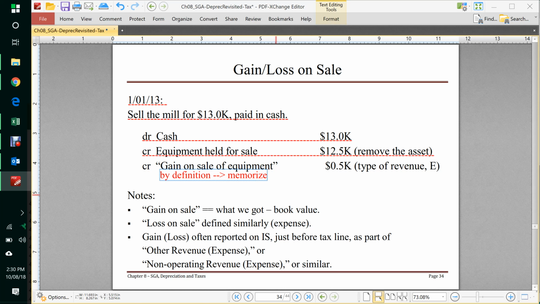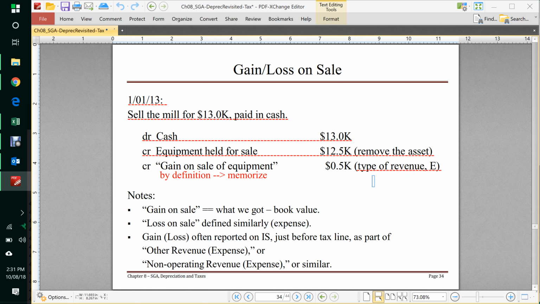You've got to memorize this: the amount over what we estimated the selling price of something for is always called gain on sale. So we estimated the selling price at 12.5. We got 13 for it. So the difference here is 0.5K of gain on sale. And this is really weird. This is a type of revenue change in equity.